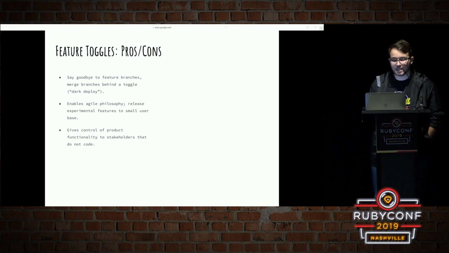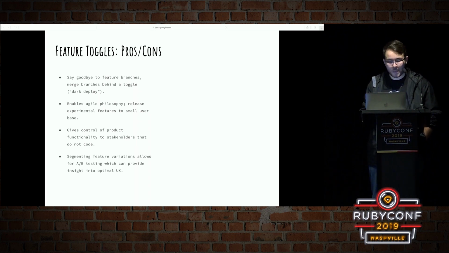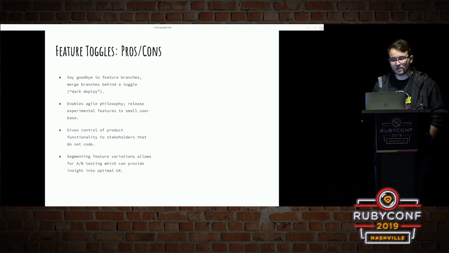An example of that would be if there's a product manager or project manager on your team, they can control the state of the product from a shared panel, which has the various states of different flags in your project. It also allows for segmenting feature variations across your product, which allows for A/B testing, which can provide insight into optimal UX, what your users like better, what experience they prefer, and what experience converts better.